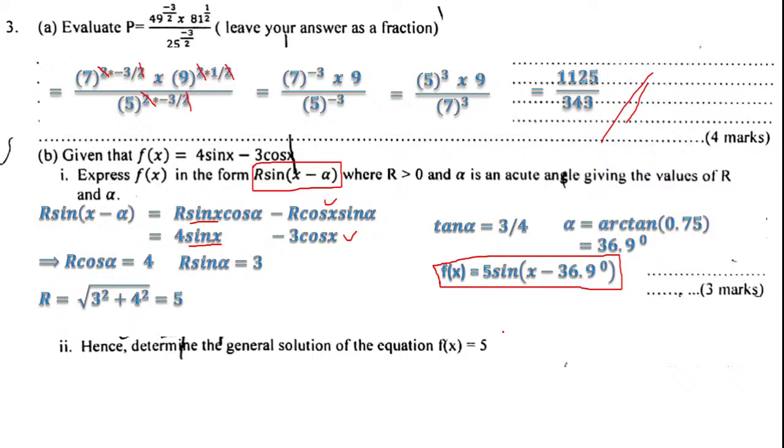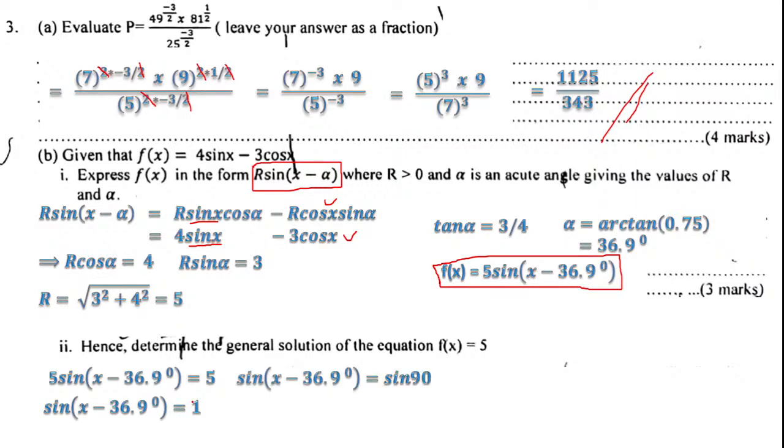So we are going to equate this to 5, so that 5 is common on both sides. We'll divide, and we'll have sine of x minus 36.9 equal to 1. But this is the same as sine 90, right? Or we can take x minus 36.9 degrees equals sine inverse of 1. You equally arrive at this answer.